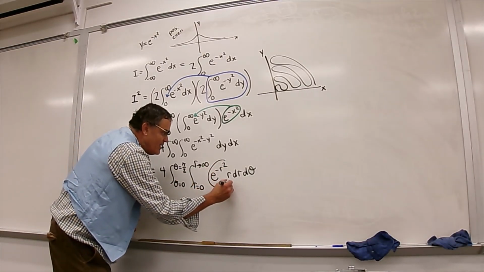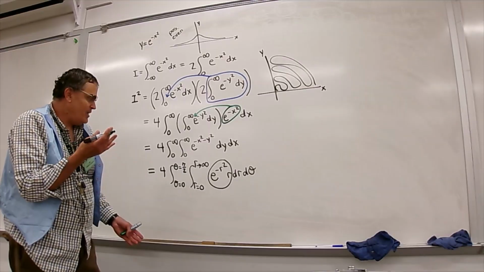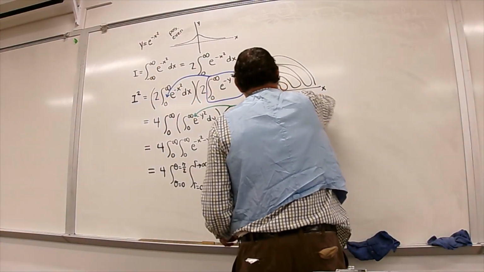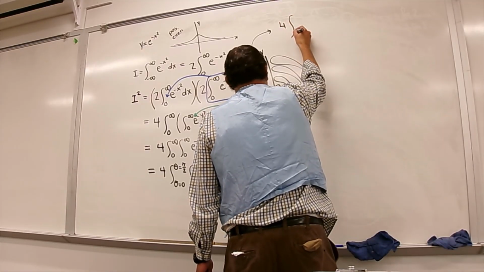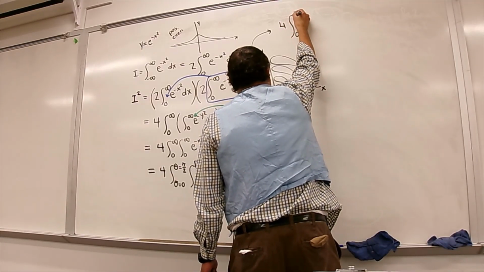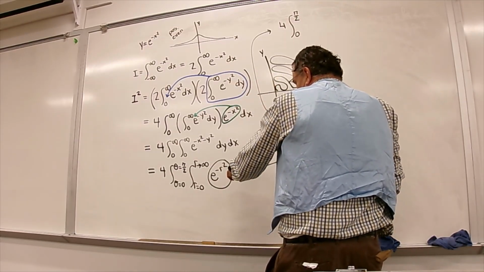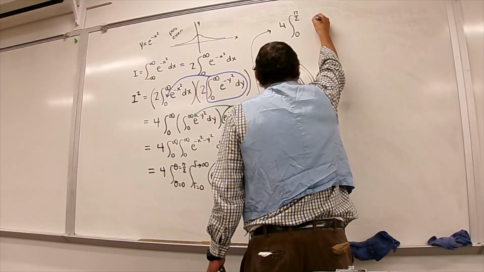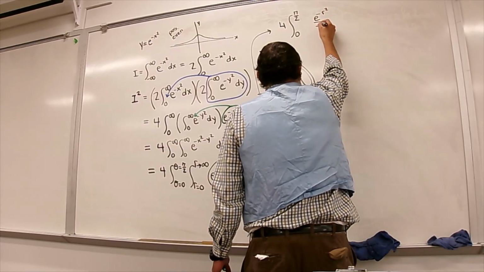Now we can do a u substitution on that. And we end up getting, let's bring it up here, 4 times the integral from 0 to pi halves, sorry, u substitution is going to make it so we would, and I'm eyeballing this, e to the negative r squared over negative 2.